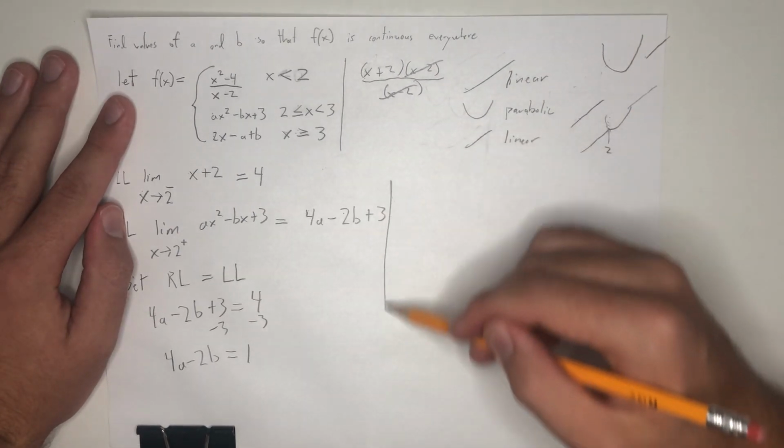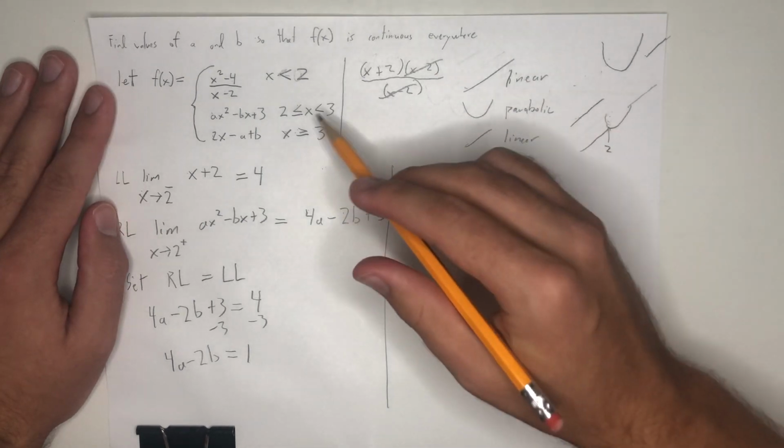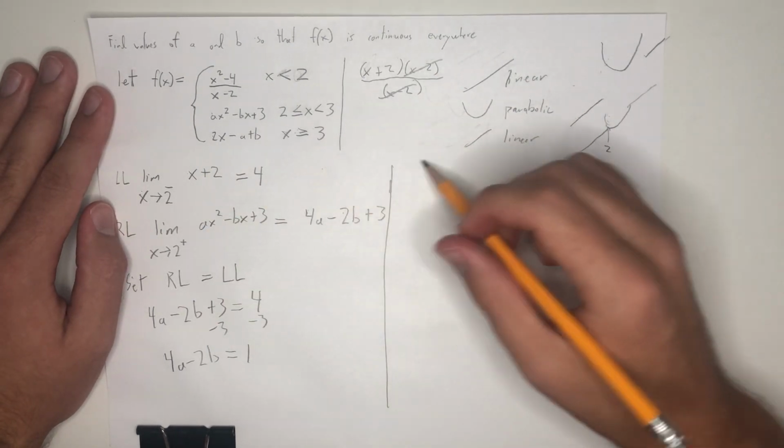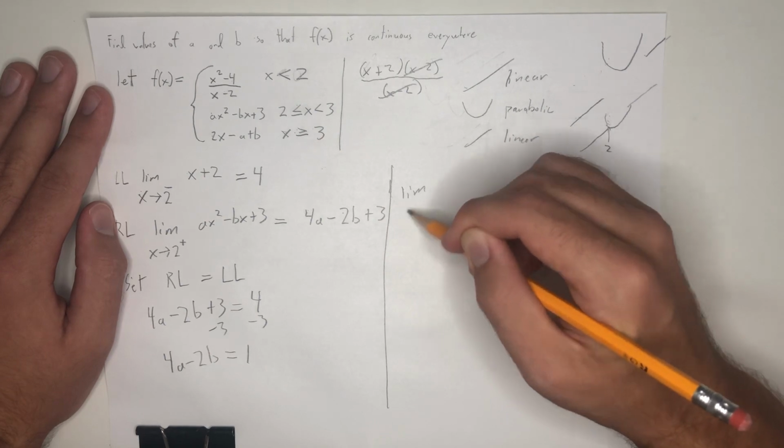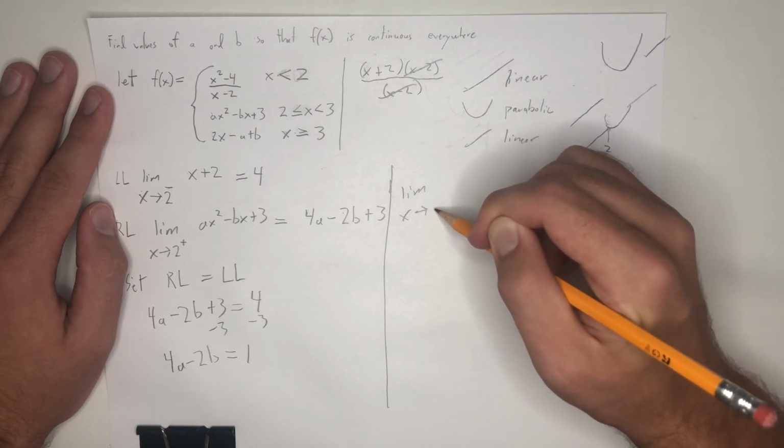Now we're going to look at our next point of interest, which is 3. Let's take a look at the left limit as x goes to 3.